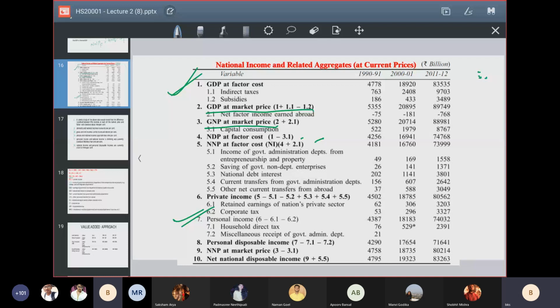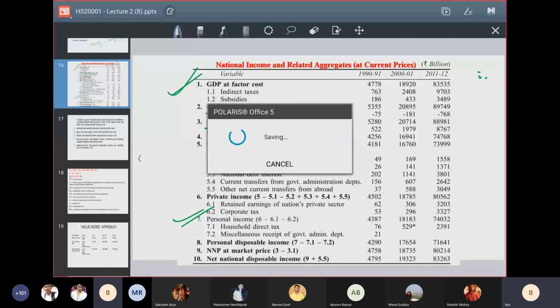Similarly, if you look at the private and national income, which is approximately 9%, that implies your government involvement is around 9%. Similarly, your personal income and national income, as you can see from this figure, is shrinking and currently stands at maybe more than 1%.